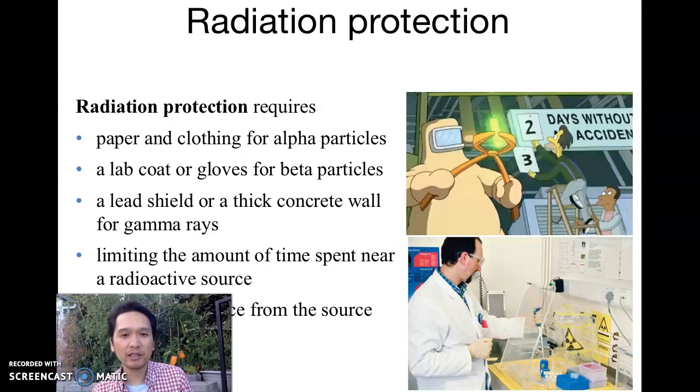Whereas if you're dealing with a beta particle, a little bit smaller now, you would need to wear lab coats and gloves in order to protect your body. Going beyond that, gamma rays, remember those do not have mass. They are basically energy, so they go through a lot of things. You would need to protect yourself with a thick shield, usually a lead shield or even concrete.